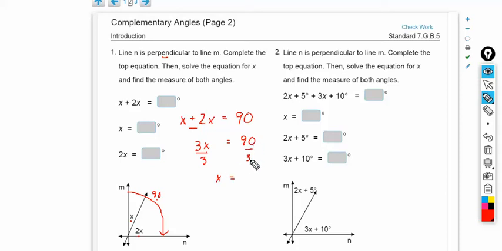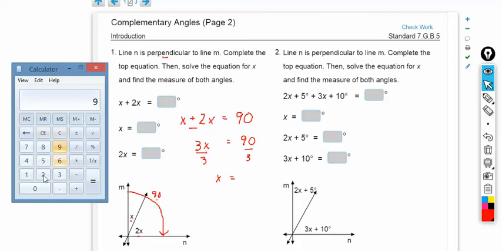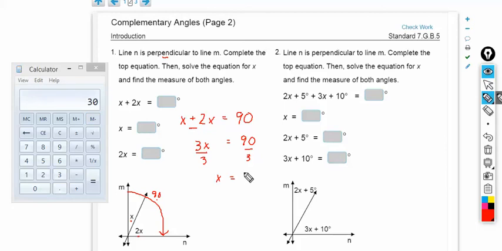90 divided by 3 is going to be 30. So we know that x right here equals 30. And then 2x, which means x two times, would be 60.